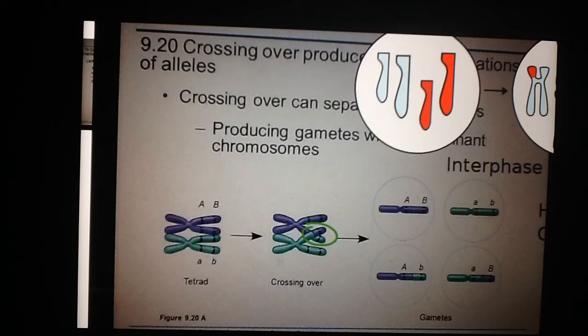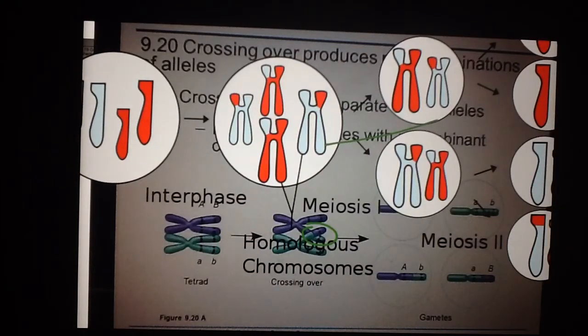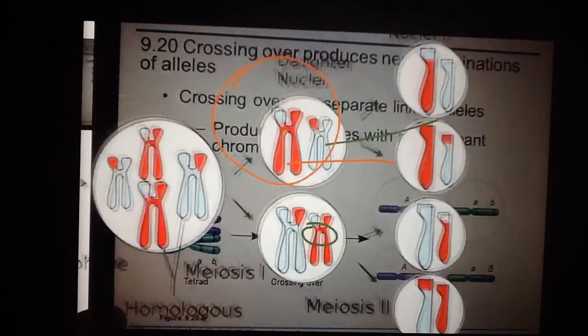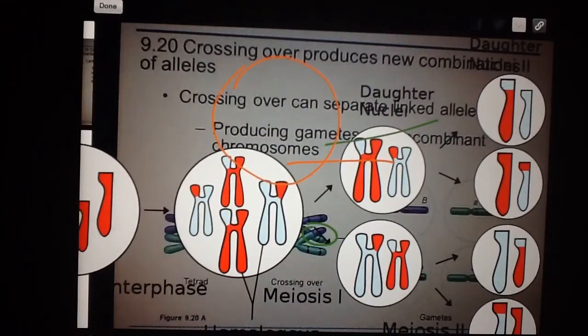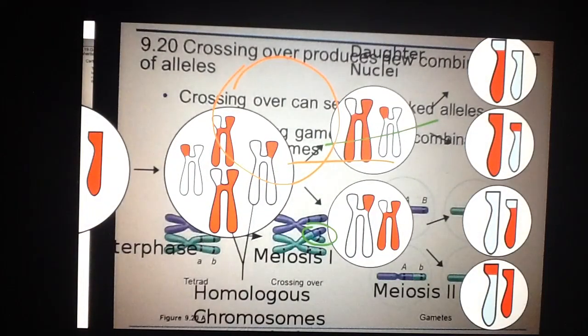So that what ultimately occurs is you're creating a chromosome that looks similar to those shown here. We have crossed the material. And then as we go through meiosis, we ultimately end up producing daughter nuclei that are different. Each and every one of them is unique as a result of what's been going on.